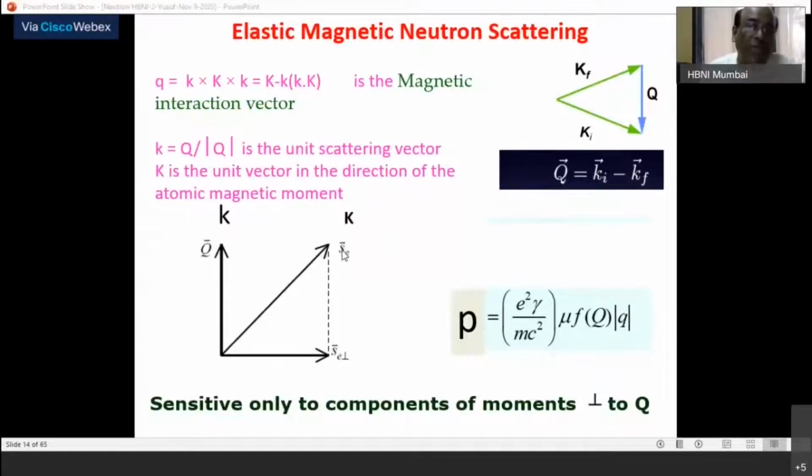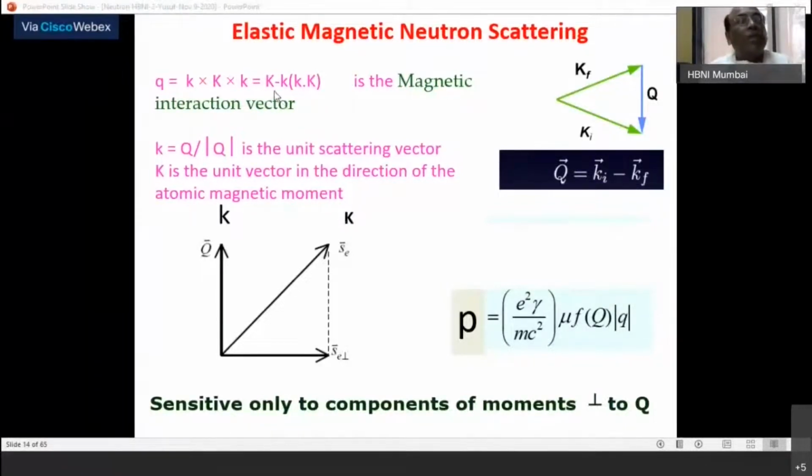So though the neutron has interacted only with the perpendicular component, I do get back my total full moment. So that loss of information is not there, but I am talking about how the probe works. That is what you need to appreciate.